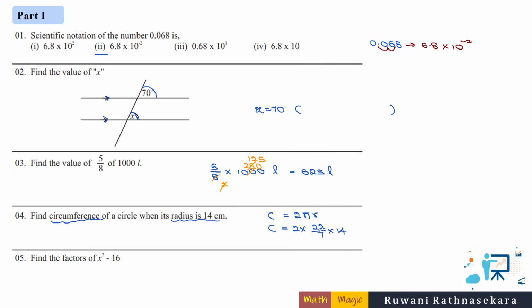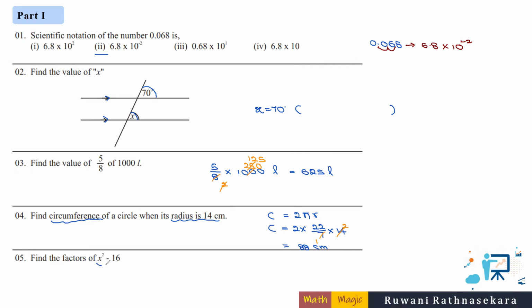You can divide 7 and 14 by the common factor they have, which is 7. 7 times 2, right? Then the answer you get is 2 times 22 is 44. 44 times 2 is 88. Circumference is the perimeter of a circle. Therefore, it's a length. You have to leave the same unit as the radius.